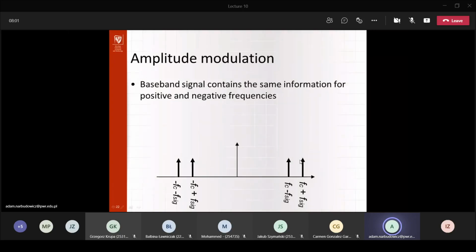So whatever is on the positive side is also mirrored by the negative side, right? And also the consequence is that we have the signal at carrier frequency plus and carrier frequency minus F signal, right? And the problem here is that if you look carefully, we are practically transmitting the same signal twice, right? Because F sig in both cases carries the very same information.